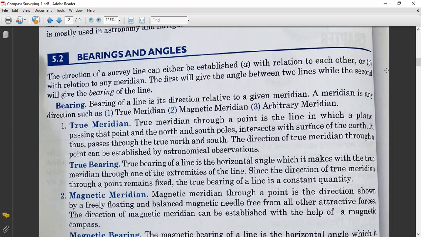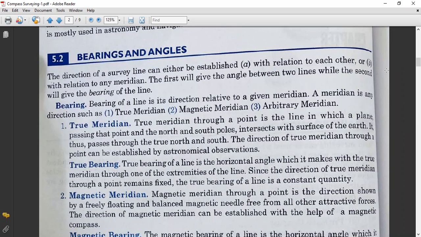The other is that the direction of the survey lines can be established with relation to any meridian. The meridian is the permanent magnetic pole direction with respect to the earth's quadrants. If you express the direction of the survey line with respect to that meridian, that is called the bearing.